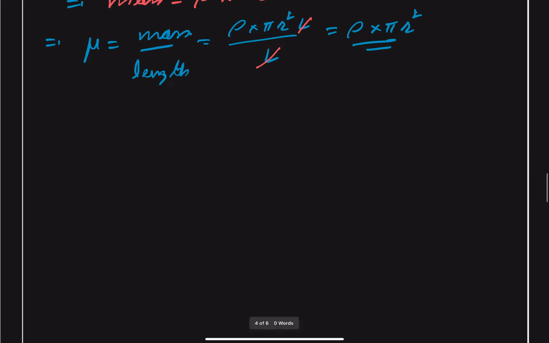From here we can also write that our linear mass density is directly proportional to radius square.